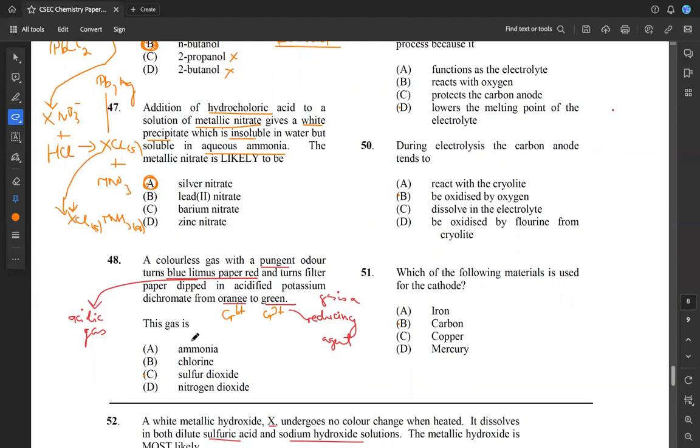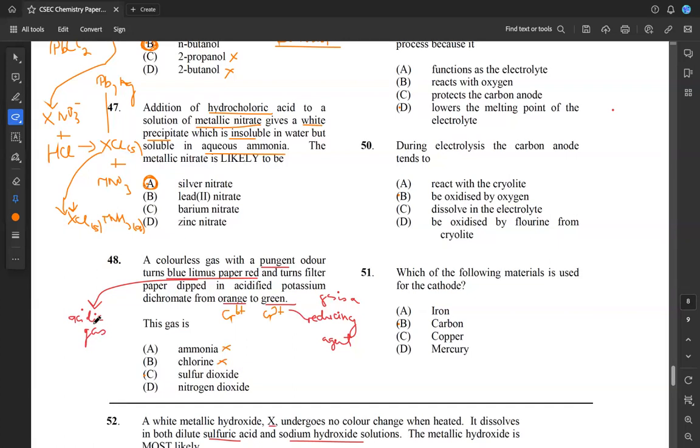So they're asking us, what is the gas? Is the gas ammonia? No, it's not ammonia because ammonia is a basic gas and not an acidic gas. What about chlorine? Chlorine is actually an acidic gas, but it's not going to have this kind of reducing power. It's not a good reducing agent. It's more of an oxidizing agent, right? So that's not going to be chlorine.